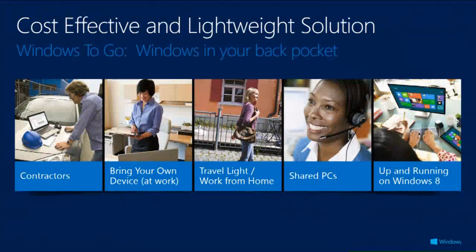So some of the use cases that we see customers deploying this for. Starting on the left, the two biggest deployment cases that we see, and we talk to customers about today, are definitely the contractor and the BYOD scenario. And if we think about why that is, it's because some customers don't want to buy an MDM solution or a different management solution to manage BYOD or third-party devices.